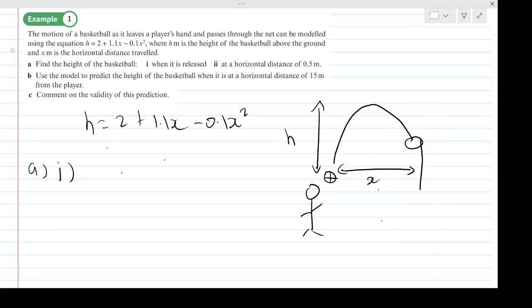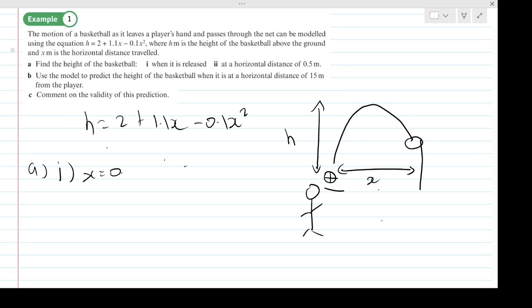When the basketball is released, okay? Now, when it's released, think about it. The moment when it leaves the player's hand, the ball hasn't travelled or moved anywhere, really. So it has travelled no horizontal distance. That means then that x is equal to 0.